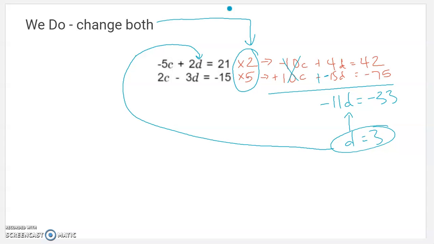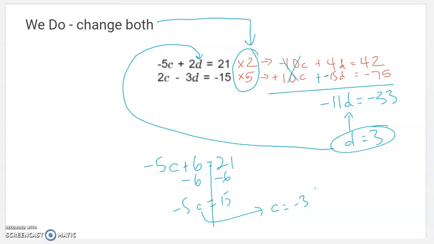So now that I know D, I can use it to find C. Negative 5C plus 6 equals 21. I'll subtract 6 from both sides. Negative 5C equals 15. And C is negative 3. Ta-da! Eliminated, got both, all is well, good shape.